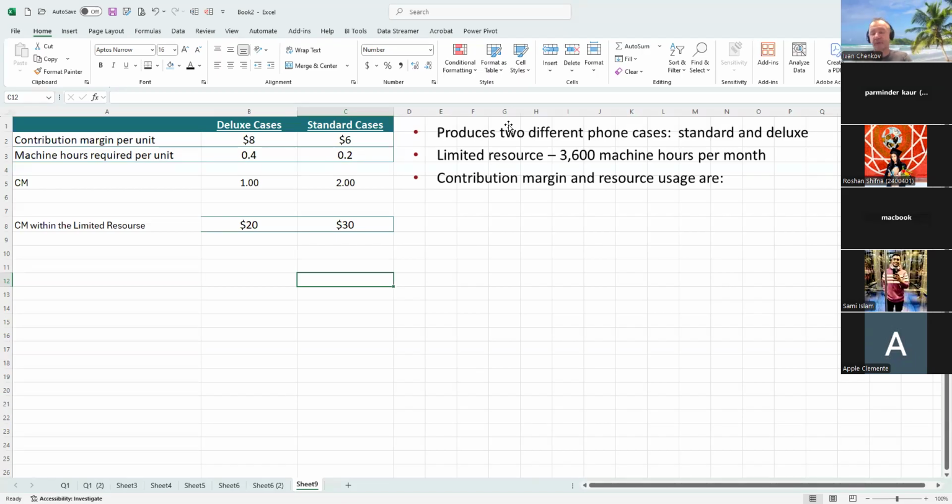So the easiest way is to calculate the contribution margin per unit within the limited resource. You're chasing the contribution margin per hour here. And once you find the contribution margin per hour, you're right there. You don't have to go the too long way.